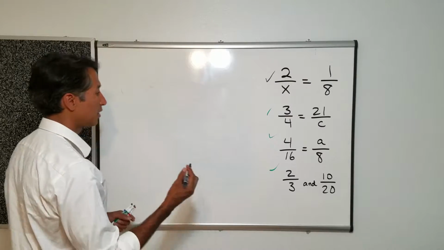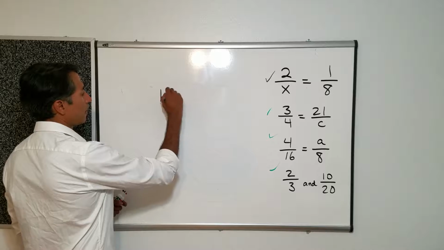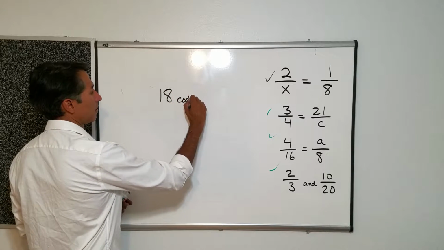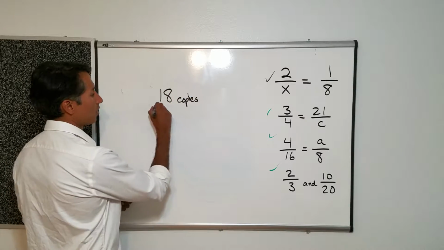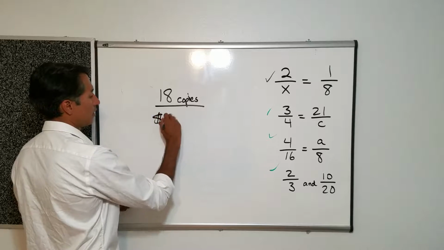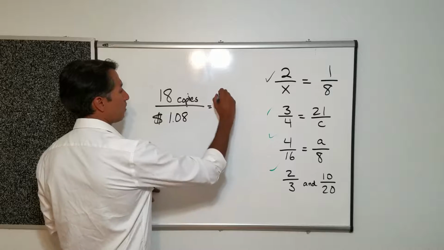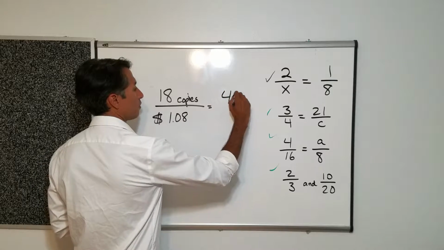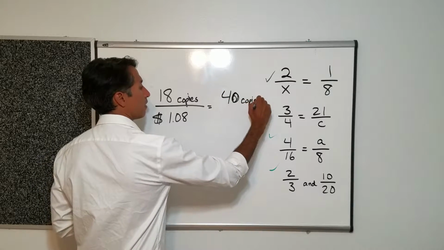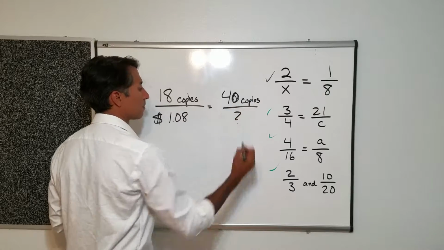The first one is: if 18 copies of something cost $1.08, then how much would 40 copies cost?